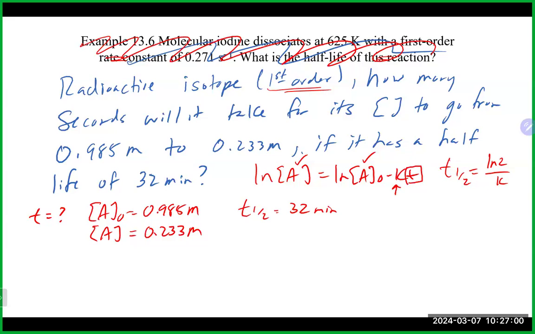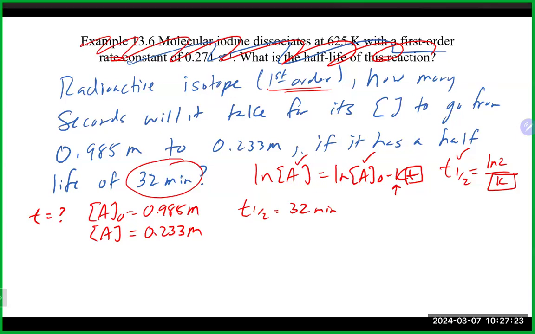That's okay, because they gave me the half-life, which means we can use the half-life equation to get the rate constant. Once we have it, we can put it into the other equation and solve for what we're looking for.